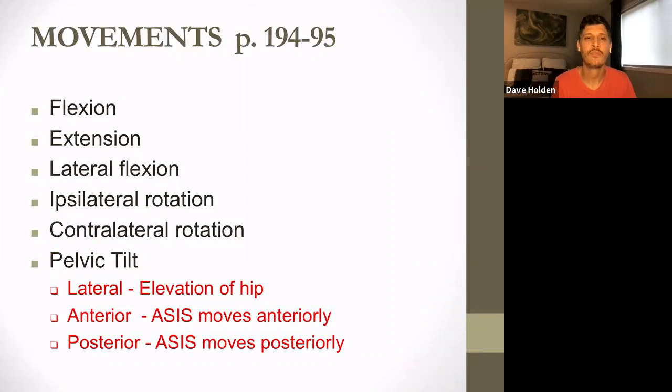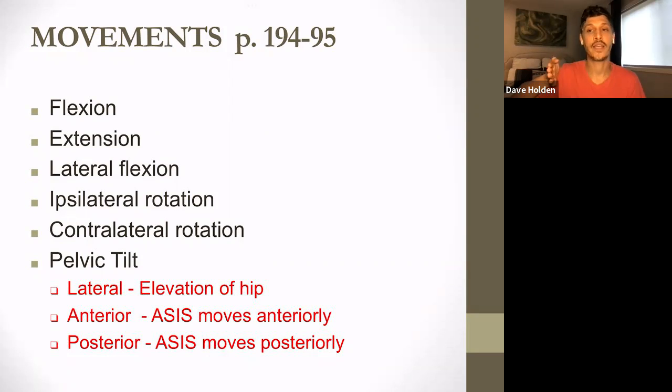All right. So movements of the spine. All right, we're thinking about the spinal cord here. We have flexion, which is like leaning forward, extension, leaning backward, lateral flexion, leaning to the side. Keep both feet on the floor when you do that. Ipsilateral rotation. Now we are talking about the muscles. What side is the muscle on?